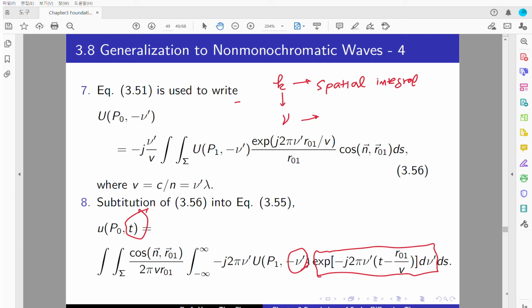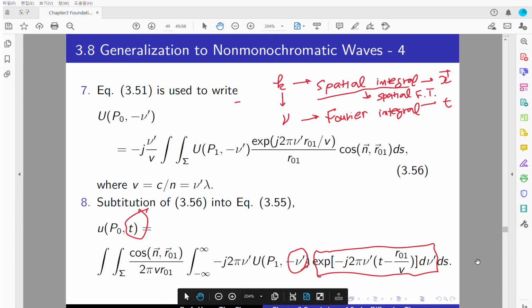And if we want to get the position in space and time, we have to do the Fourier integral. Of course, we will find later on that the spatial integral is in fact quite related to the spatial Fourier transformation. Okay, so we will see later on. That's the logic we are going to follow.